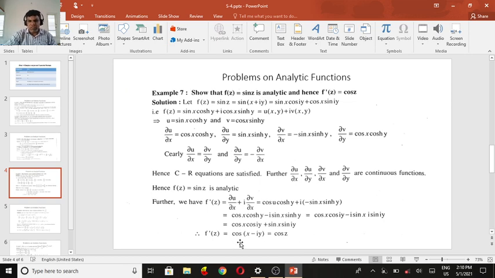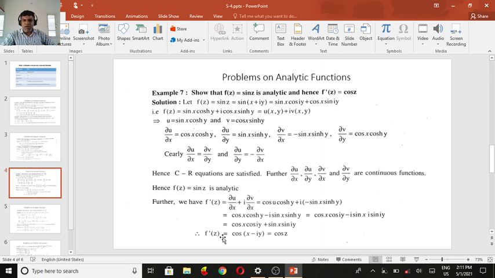So we get cos x, and we are using the formula cos a cos b minus sin a sin b.